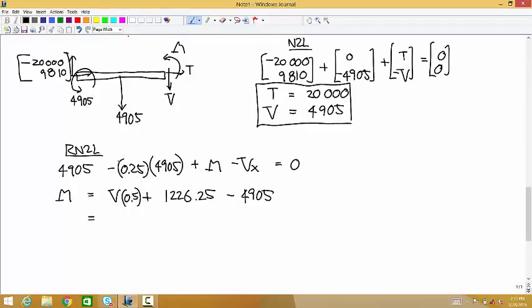Minus, so plus, minus, that's going to be plus. Oh, this should be negative, this shear force. I just did the algebra wrong. Oh, you're right. Okay, well maybe this is right.